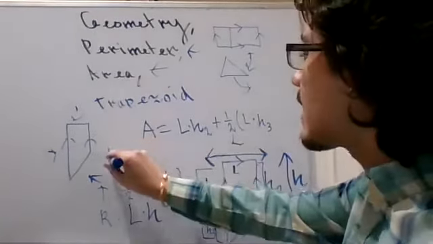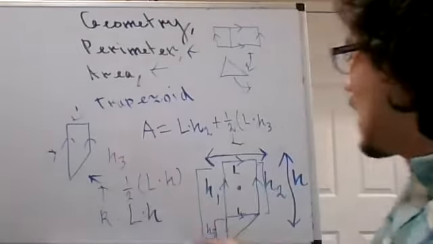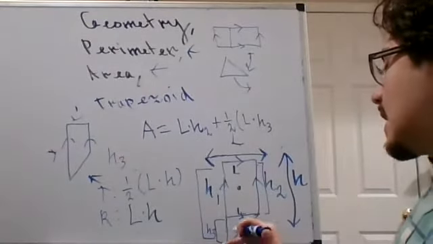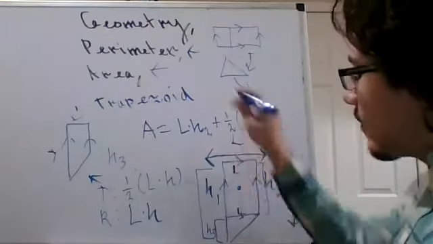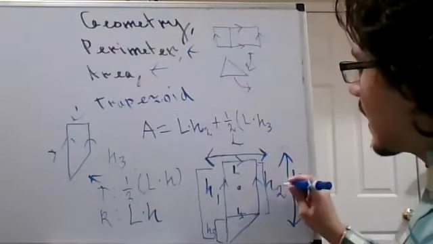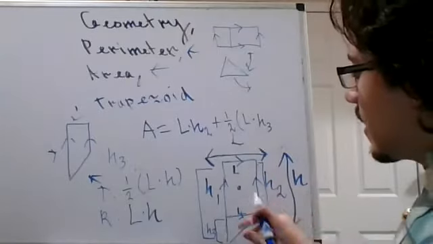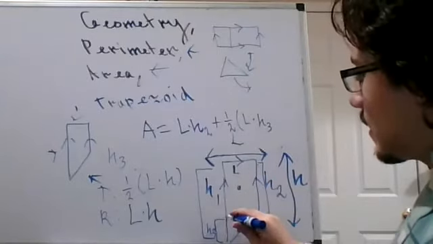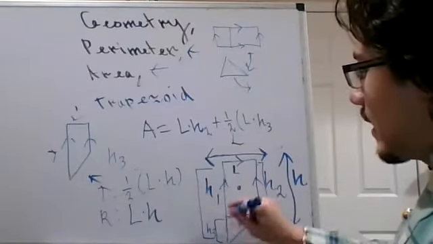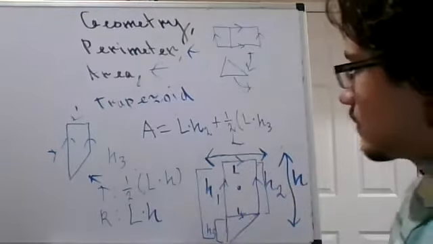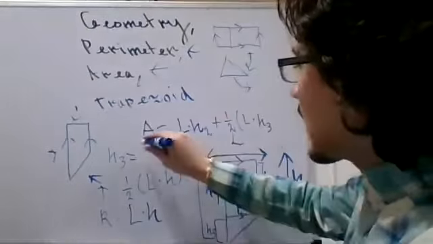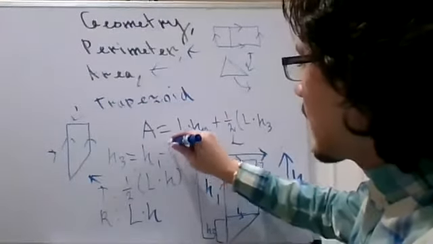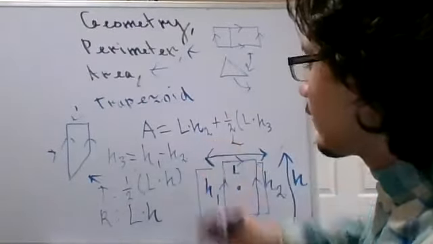We can say that height 3, as we see in our model, is just the height of this little triangle. It is the same as the height of the whole shape minus the height of the rectangle, because we see here the height of the rectangle and the height of the triangle. So height 3 is height 1 minus height 2.